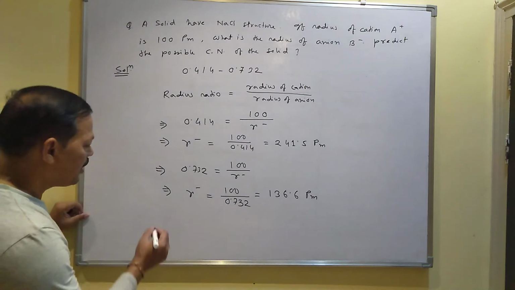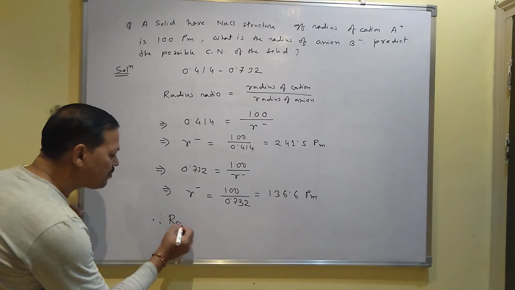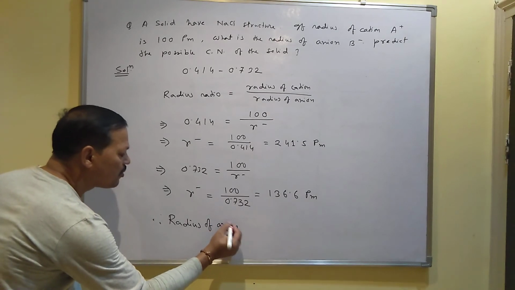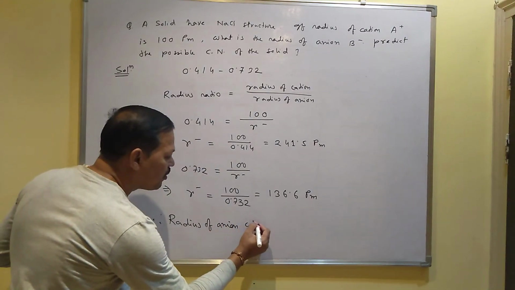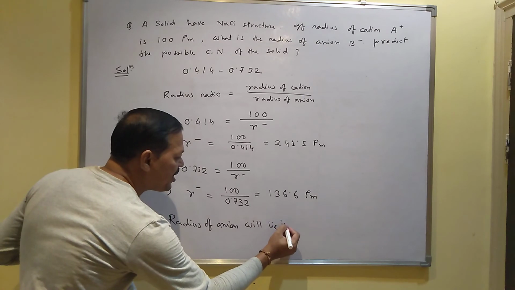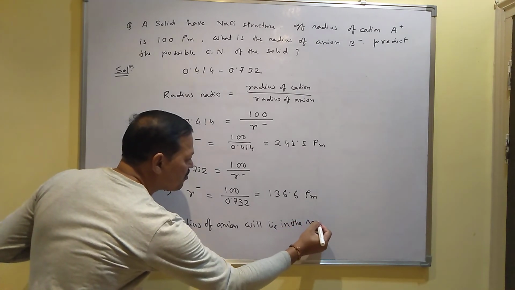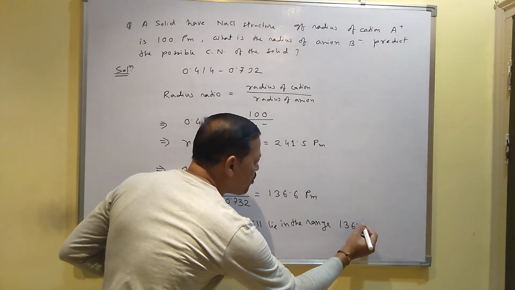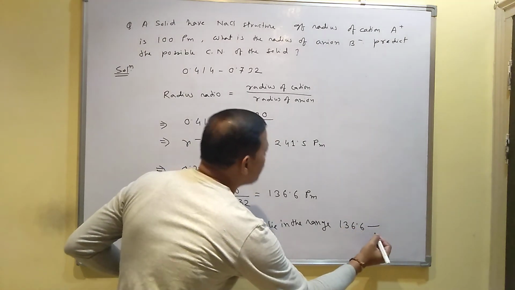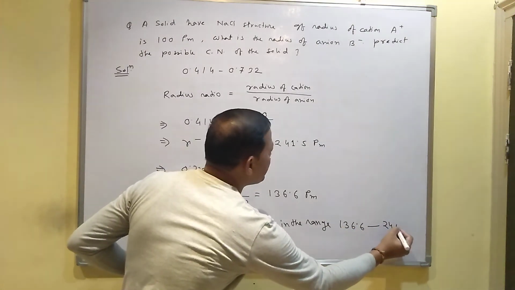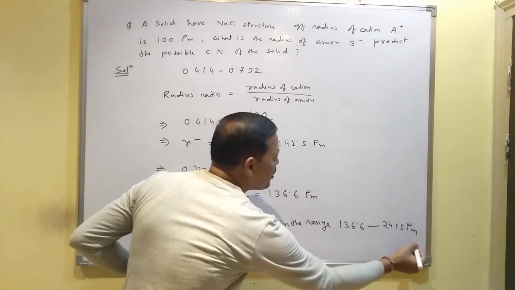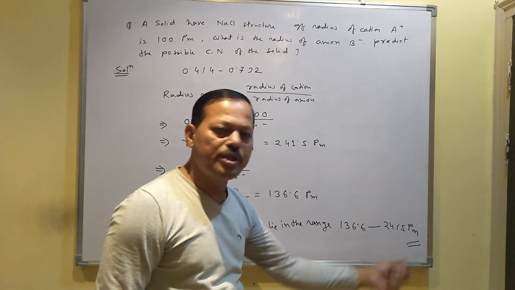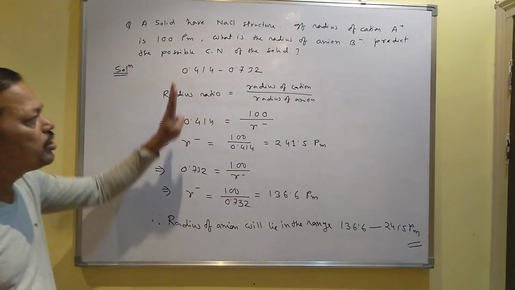That means the radius of the anion will lie in the range 136.6 picometer to 241.5 picometer. So the radius of the anion also you will get in a range from this to this. So this is the way to do this type of question.